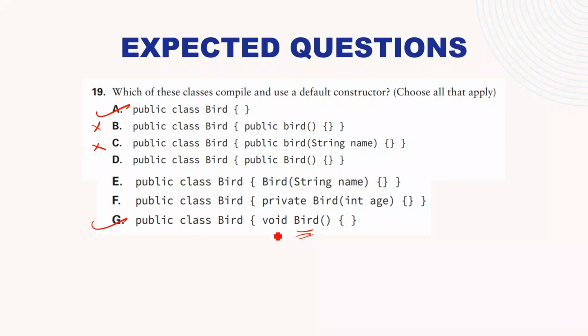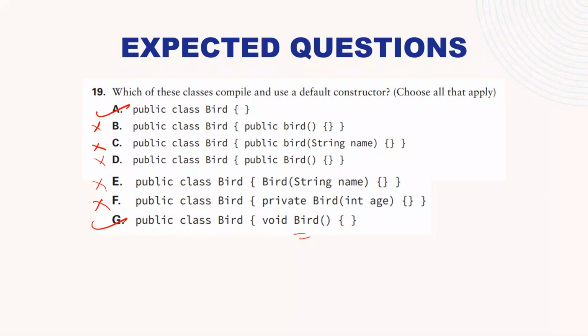If it had been a constructor, then there is no requirement of this void over here. So don't get confused. This is just a method. Option A does not define a constructor at all, so it will get the default constructor. So all other options are not going to get any default constructor based on the reasoning that I made just now. Okay, I hope that is making sense, guys.